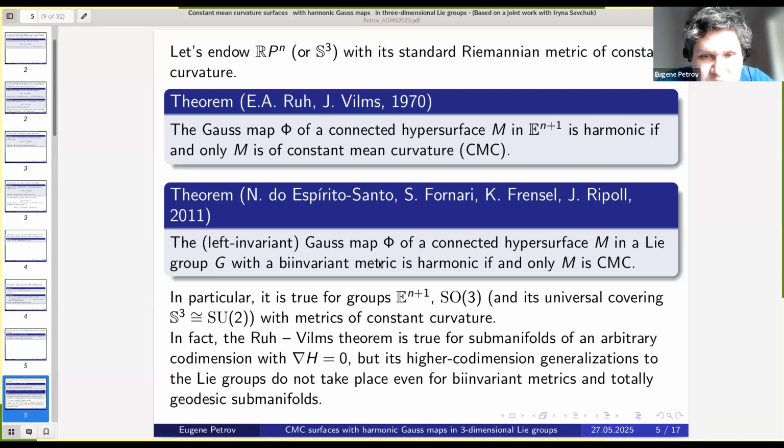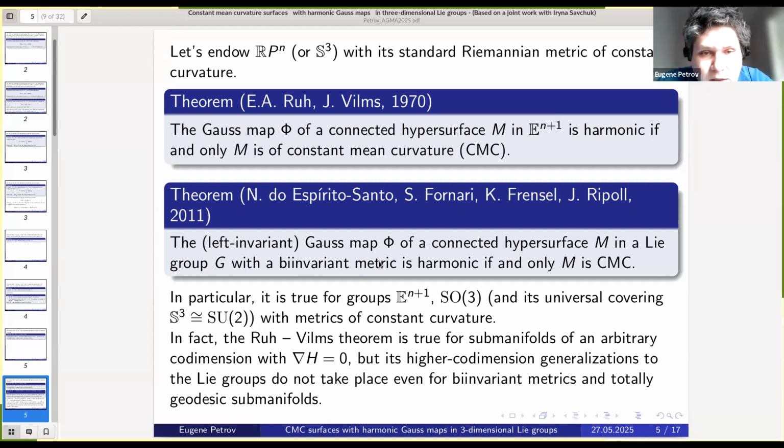I don't want to talk here about higher codimensions. Of course, the theorem of Ruh-Vilms is true also for higher codimensions, where we talk not of CMC hypersurfaces, but of submanifolds with parallel mean curvature. But for the left invariant Gauss map, I showed some time ago that it's not true even for bi-invariant metrics and even for totally geodesic submanifolds.